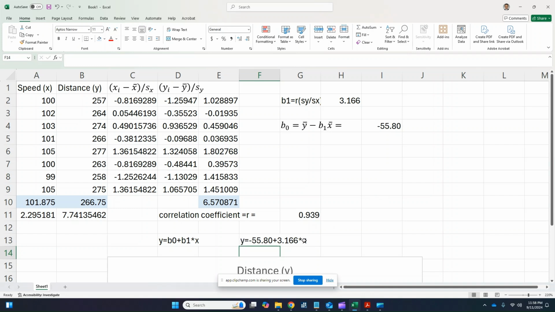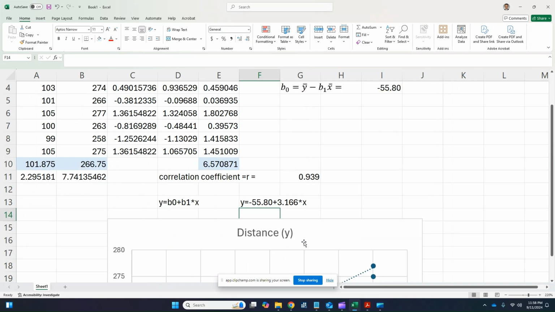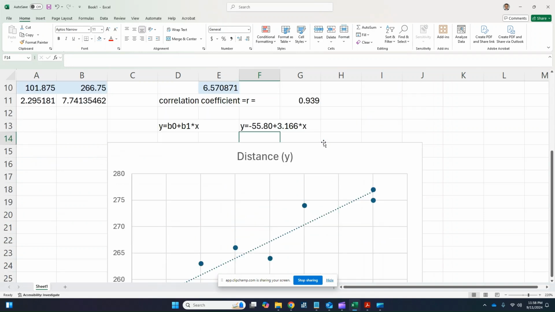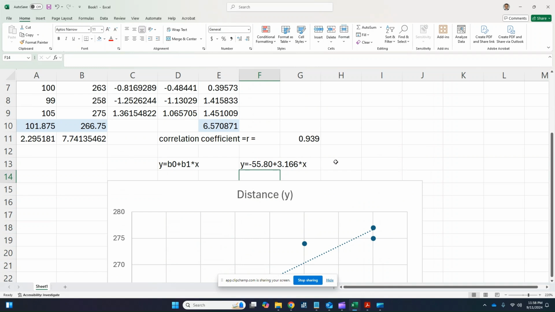So now if we want to predict the value of y for which we don't have the observations here, we can still do it. Let's say for x, we have 100, 102, 103, but we don't have any 104. So we can predict the value of y even if we have x equals 104. And that y is going to be somewhere here on this line. We can try to do this.